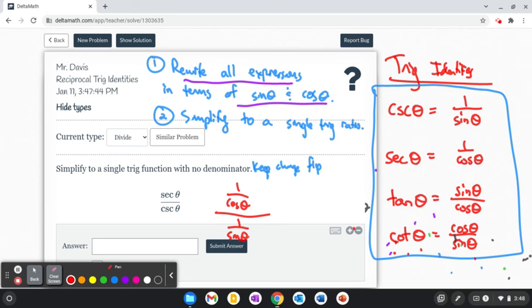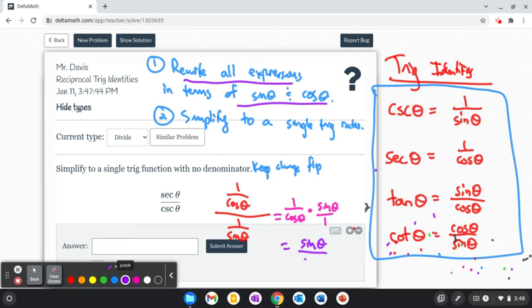So we have two fractions. We're going to then keep, change, flip. Keep the top as 1 over cosine theta. Change to multiplication, and we flip the bottom. So it becomes sine theta over 1. Now here, you might think, well, we did not get a cancellation, so what's going to happen? Well, if we just multiply across, 1 times sine theta is sine theta.